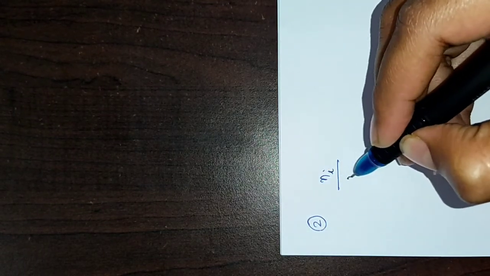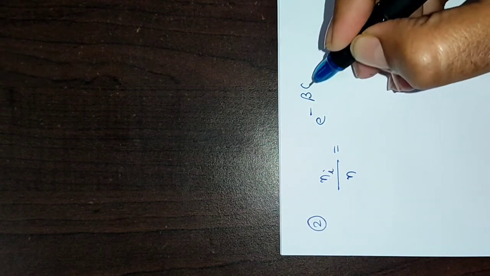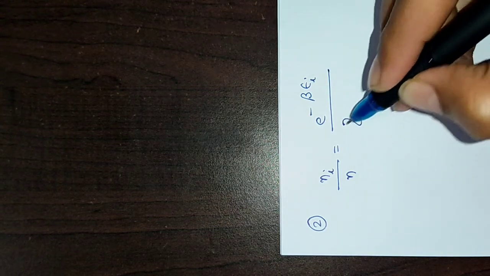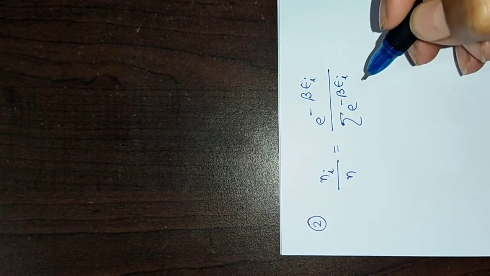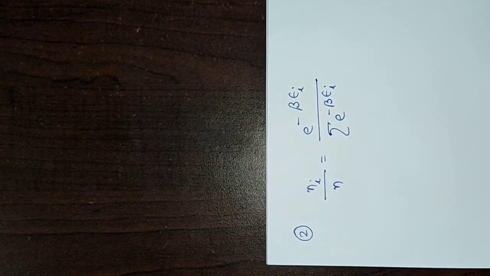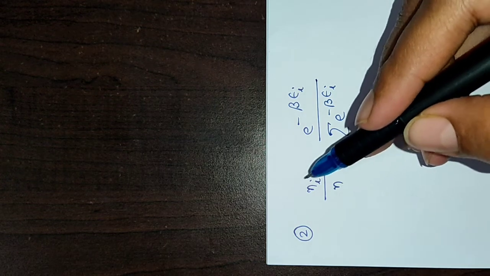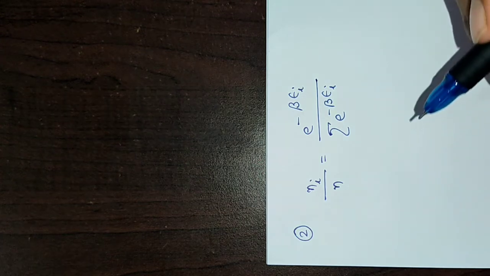Second question in the homework was: the Boltzmann distribution law was obtained to be e to the power minus beta epsilon i upon summation over e to the power minus beta epsilon i, which is the fraction of total number of molecules at equilibrium which occupies the ith level at a certain temperature.